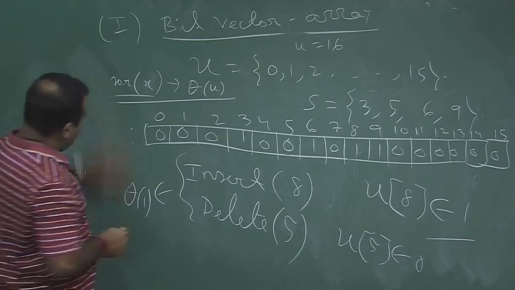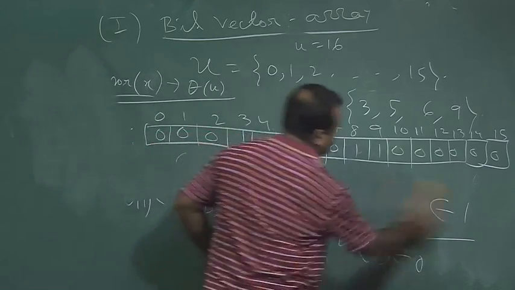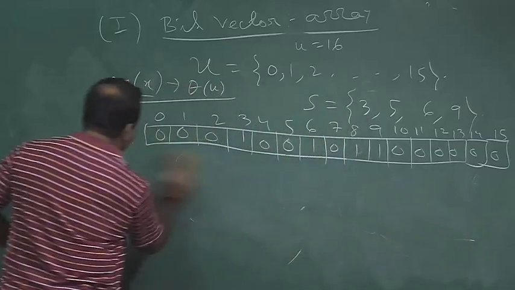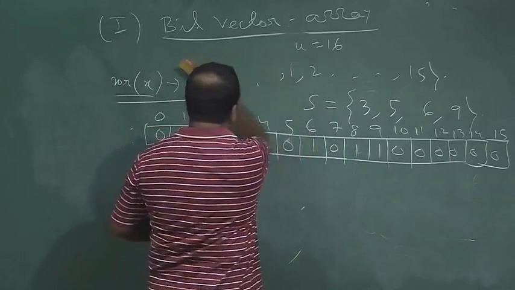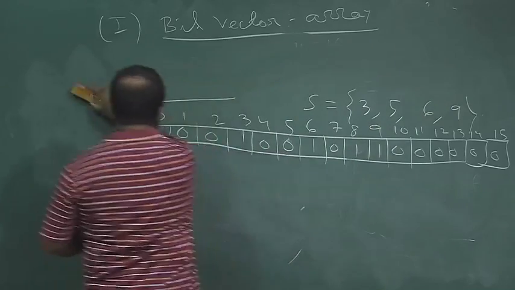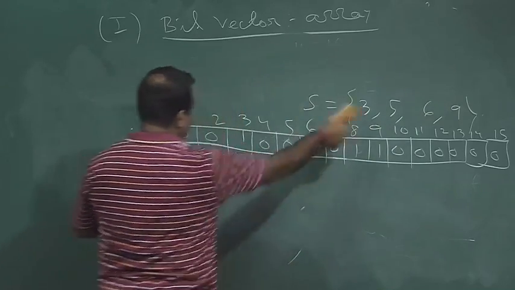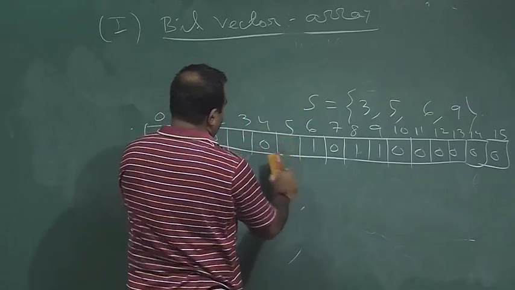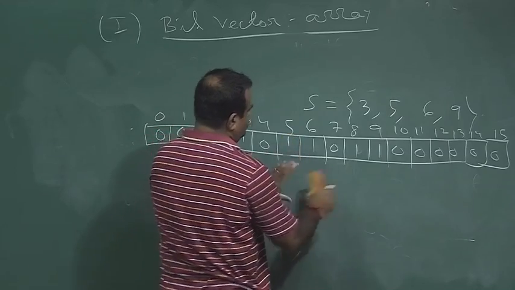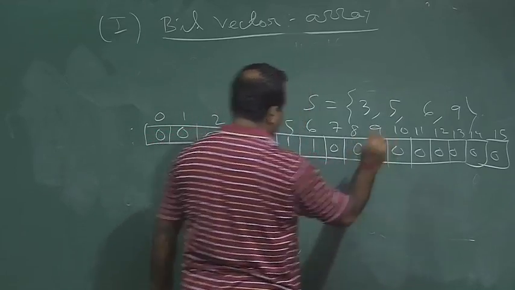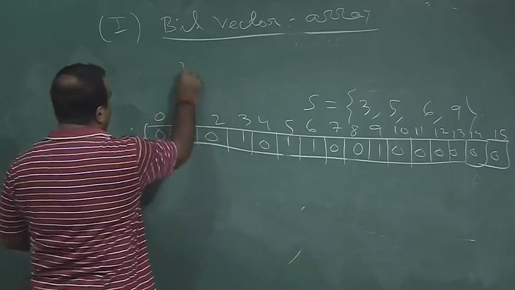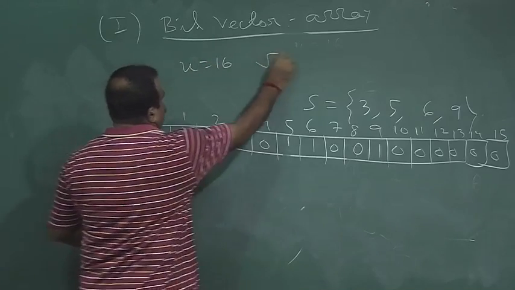So, how to do that? Suppose this is our set: 3, 5, 6 and we have 9. We divide. So, u is 16, root u is 4.